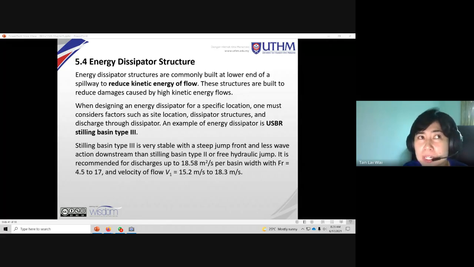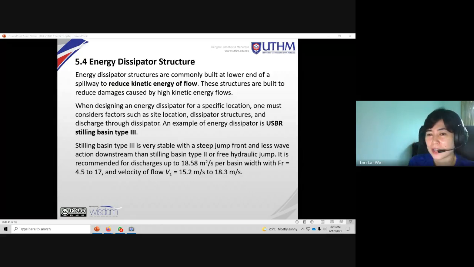Now, our chapter will focus only on the design of one type of stilling basin, which is stilling basin type 3 in the USBR design. This stilling basin type 3 is very stable.